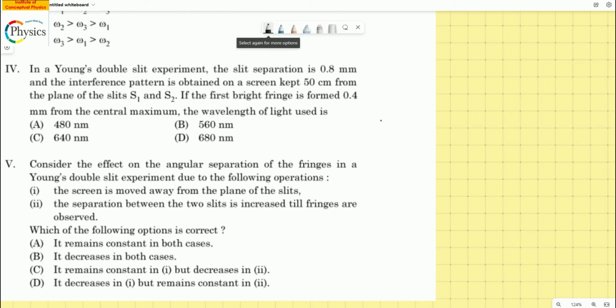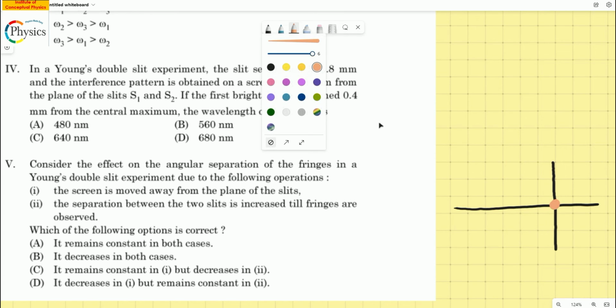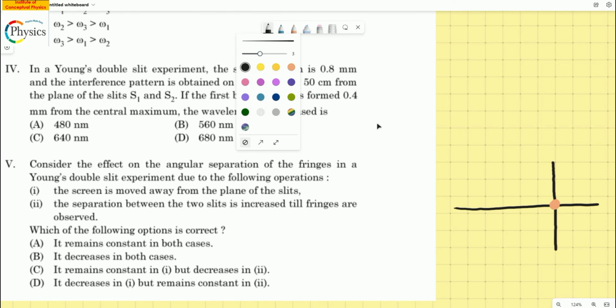So let's understand that if you have a screen which is here, and then you have 2 slits, and let me say this is the center. This is where the central maxima gets created here. And let's say you have one fringe which is getting created here, and then the second bright fringe is getting created here.